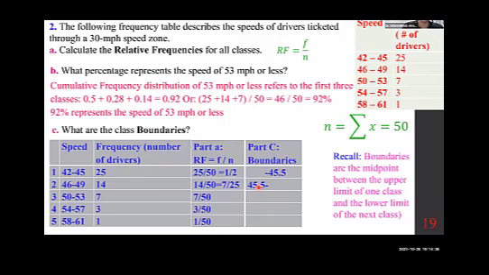Now, what is the width? The width is 4. Why is that? 46 minus 42. 57 minus 53. Pick any consecutive, or 45 minus 42 plus 1 unit.